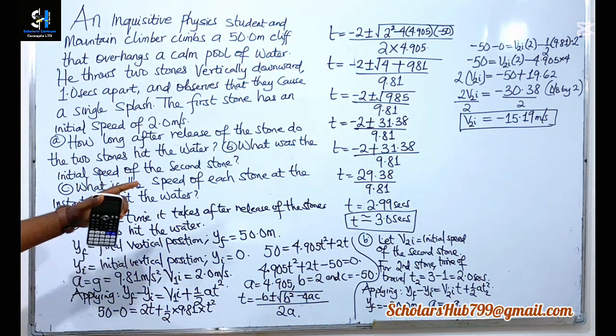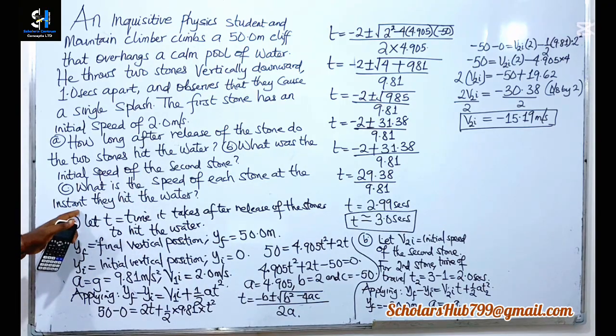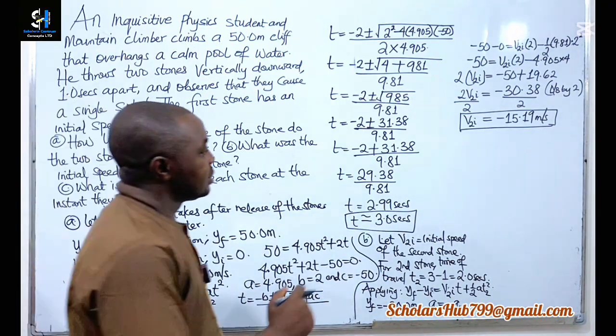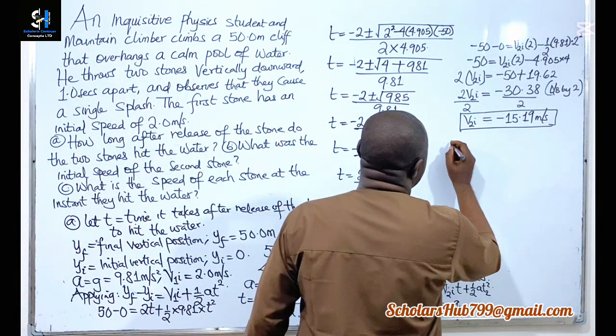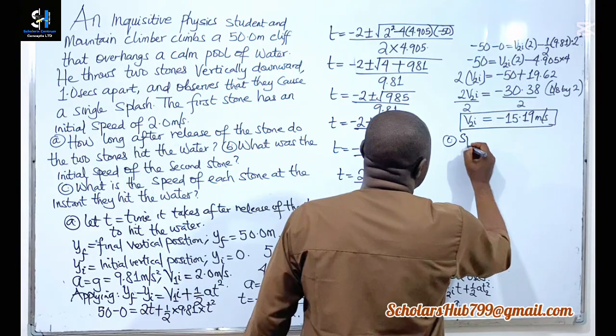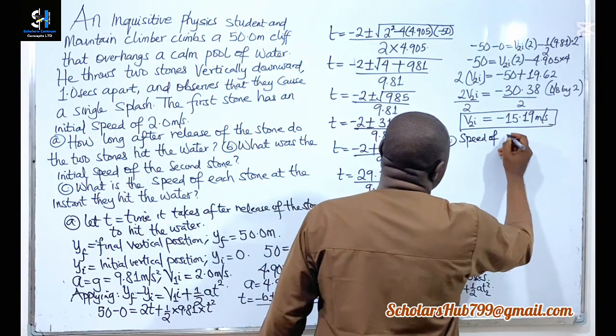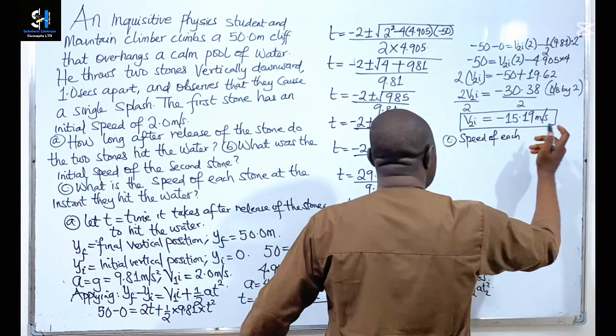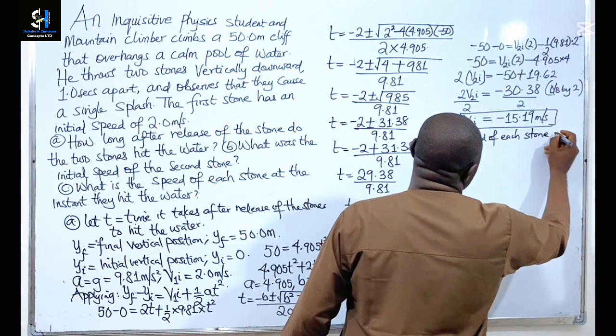All right, so what is the speed of each stone at the instant they hit the water? That's part C. The speed of each stone is just the final speed of each stone.